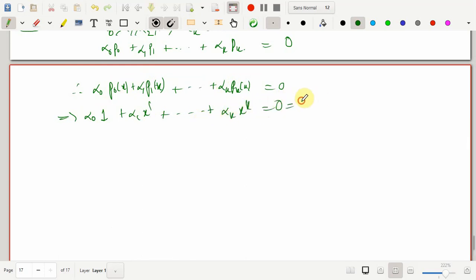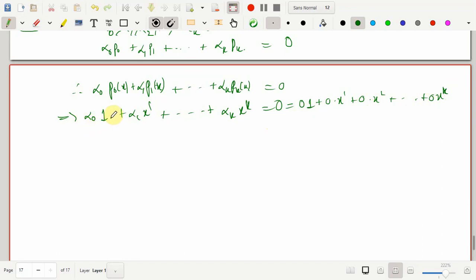Now this 0 can be written as 0 into 1 plus 0 into x raised to 1 plus 0 into x square, and so on. Since on the left hand side we have a polynomial, on the right hand side we are expecting a polynomial, then only we can equate them. So you can now compare the coefficient of each x raised to i.